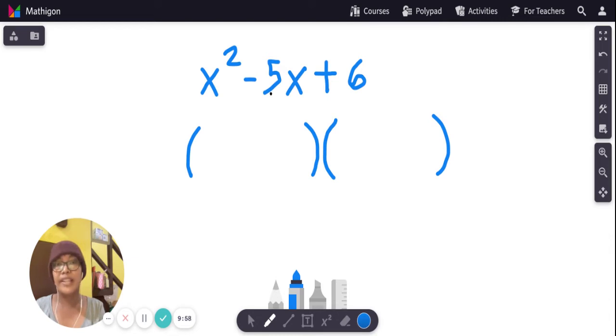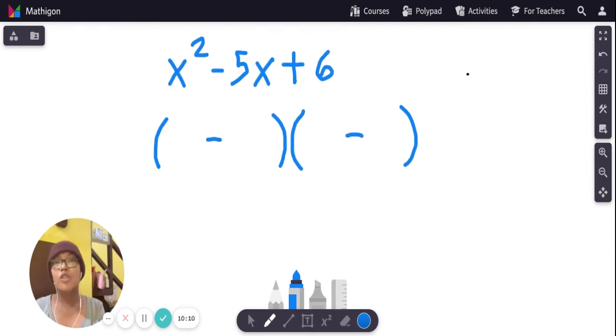As I've told you a while ago, if this is positive, this is negative, your operation in your both factors is negative. It's because negative times negative will give you positive. So what is the next step? What are the factors that will give you positive 6? 1 and 6, right?